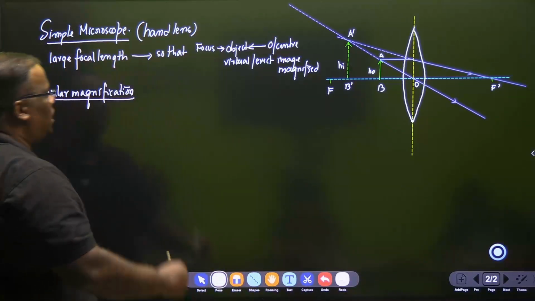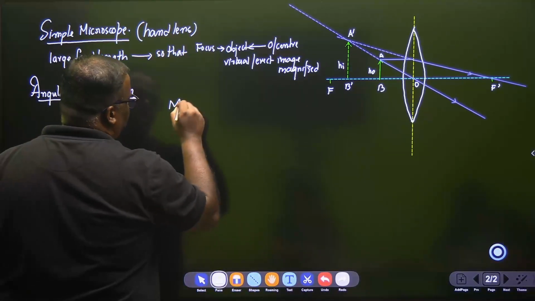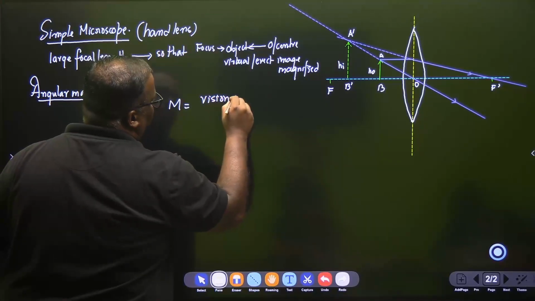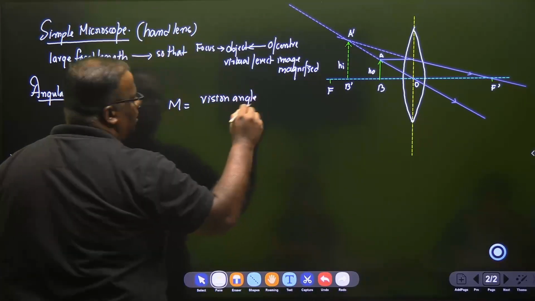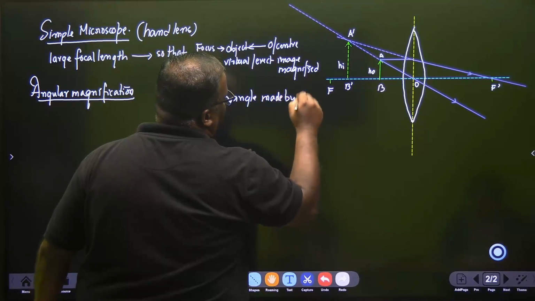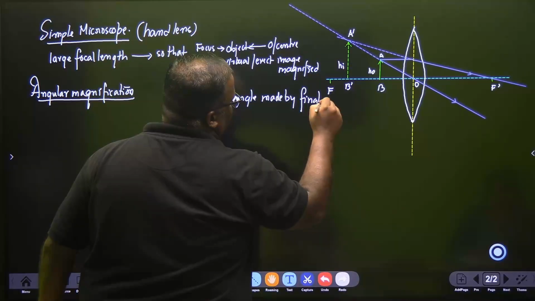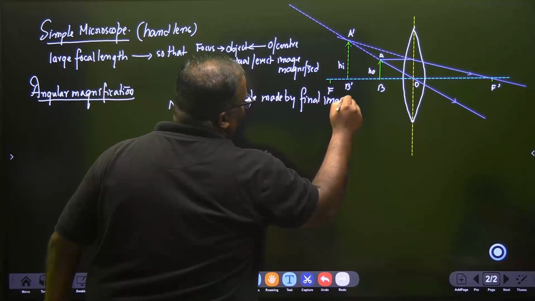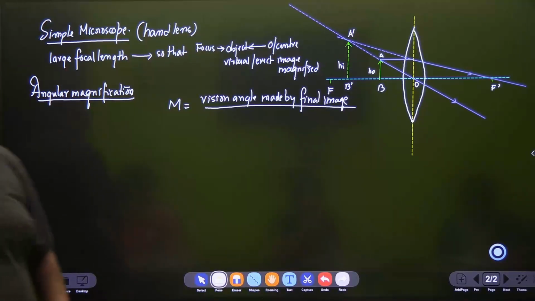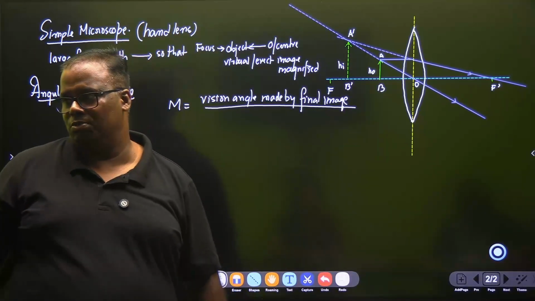So let's first write the formula for magnification. M is given as the vision angle made by the final image. Now you will ask me, sir, we are having one lens, why are you using the word final image? Because this will help you to process the formula for the compound microscope also.